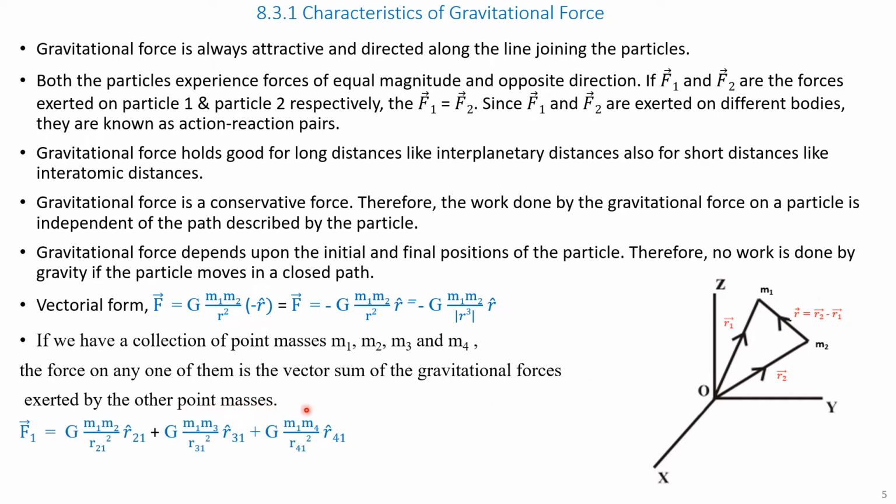Therefore, it can be written as F1 = G M1 M2 / R21² into R21 hat, where R21 hat is a unit vector, plus G M1 M3 / R31² into R31 in the direction, plus G M1 M4 / R41² into R41.